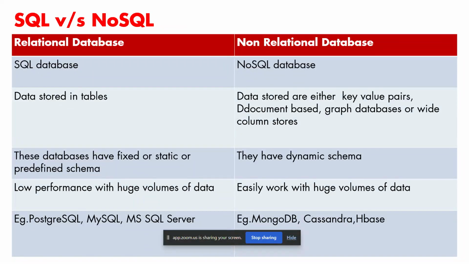That means in each row, they are related to each other. Now, on the other hand, if the database is just storing data not in a tabular format, it is called a non-relational database.